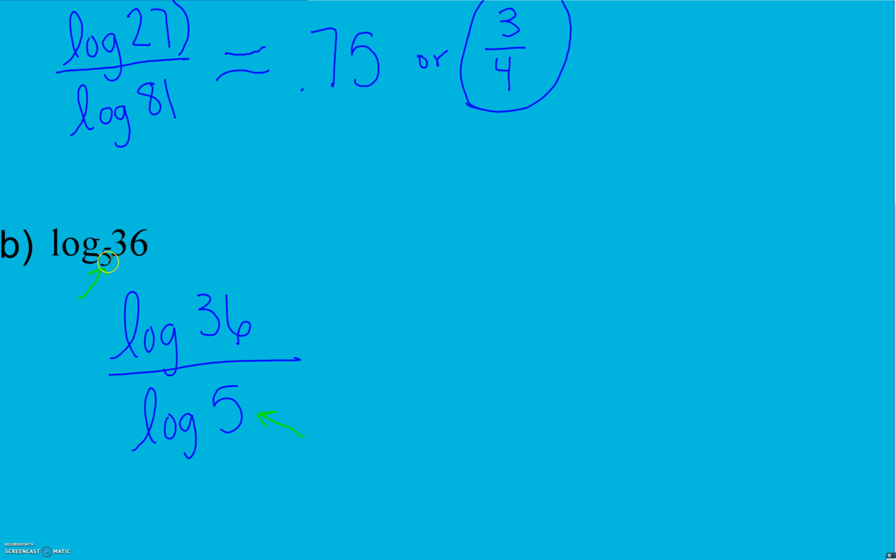When I type this in, log 36, don't forget to close that parenthesis, divided by log of 5, we get about 2.226565505 or 2.23, depending on where you round to.